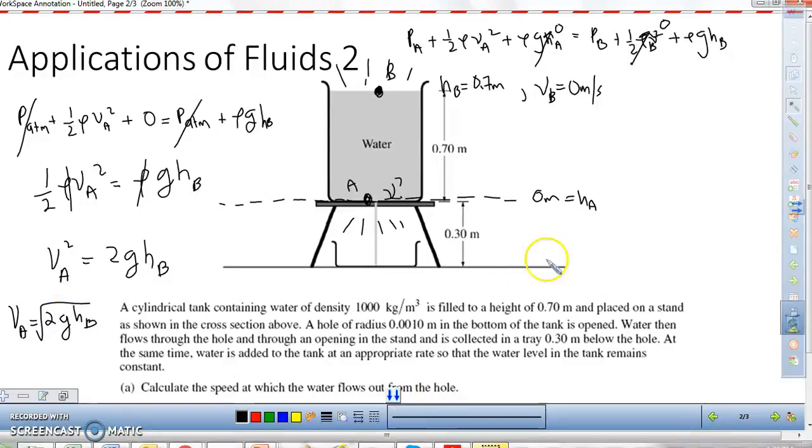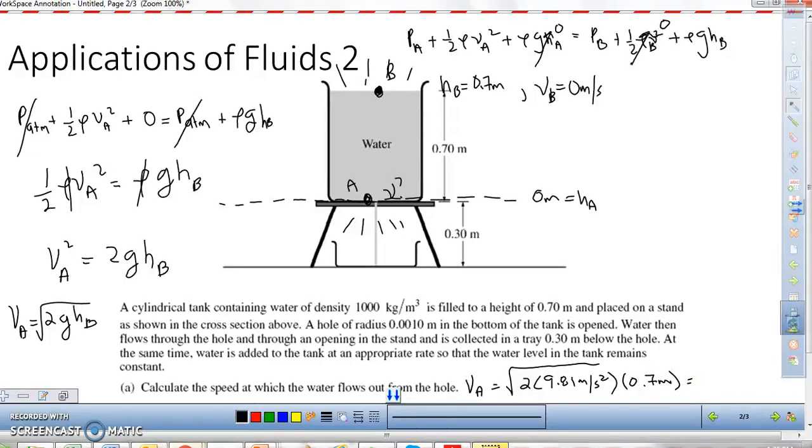So the first part, although it starts off with the complicated Bernoulli's equation, reduces down to something very simple. The velocity at A is going to be the square root of 2 times 9.81 times the height.